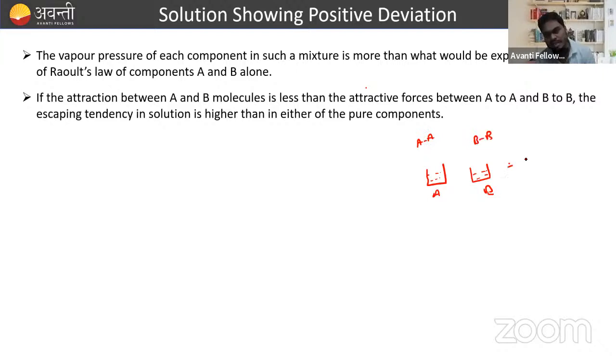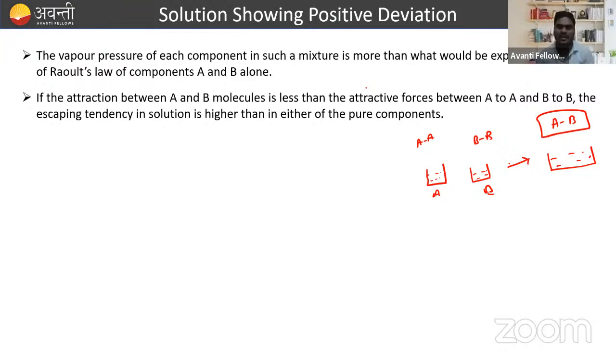When these two liquids are mixed with each other, then a new kind of attractive force acts between them, and this is AB. So this AB determines whether it shows positive deviation or negative deviation. What is positive deviation? Positive deviation means having more vapor pressure than what we expected from the Raoult's law.